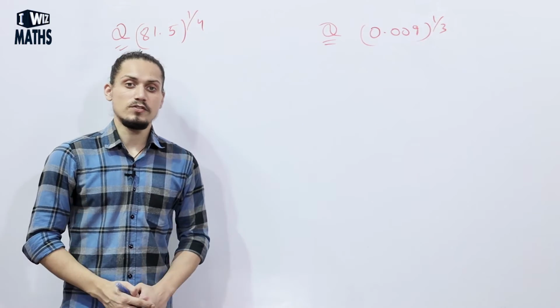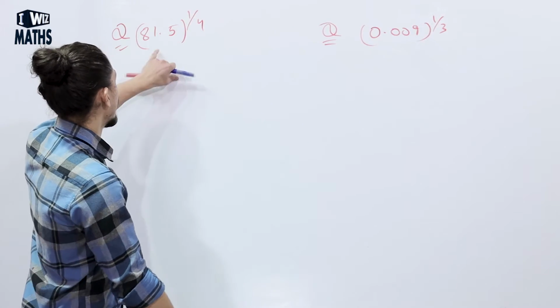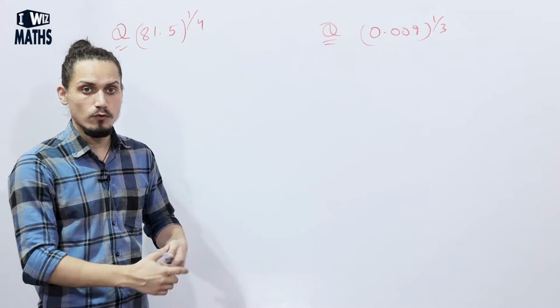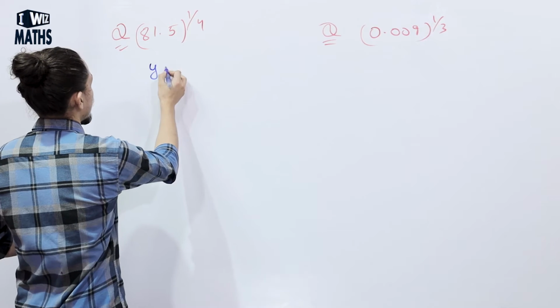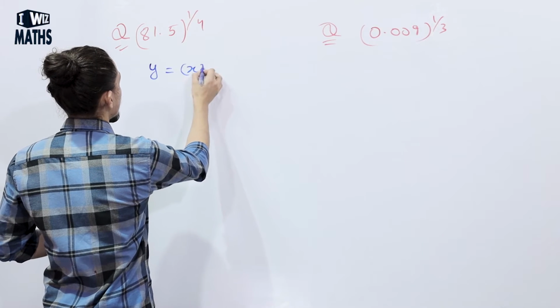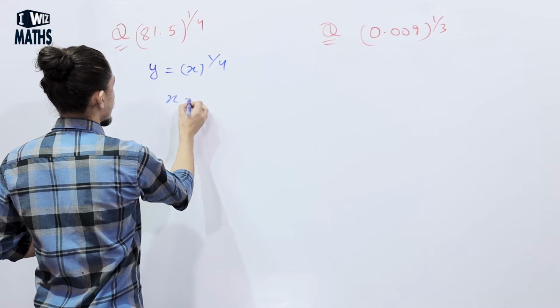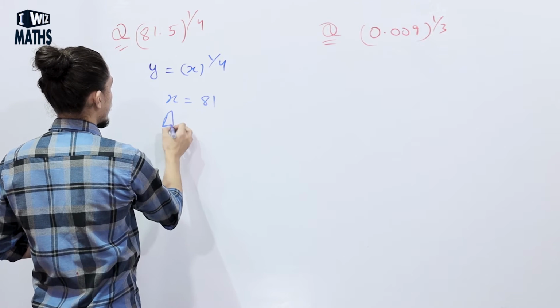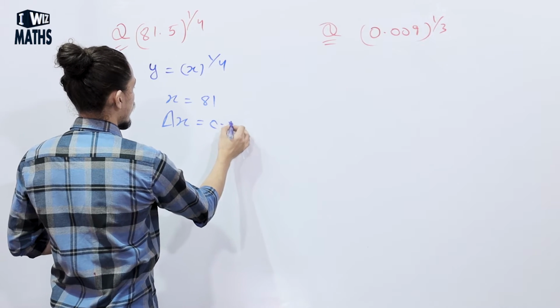Now the next example is we have to find approximate values of 81.5 raised to power 1 by 4. So here y is equal to x raised to power 1 by 4, where x is equal to 81 and the small increment in x is equal to 0.5.